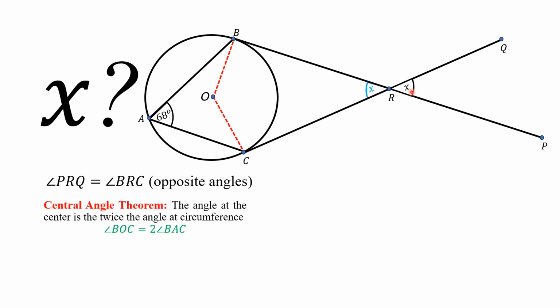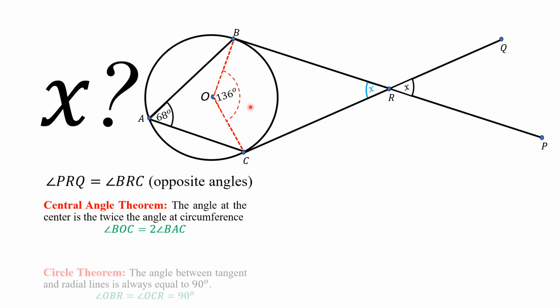Now by the central angle theorem, which states that the angle at the center is twice the angle at the circumference, angle BOC is twice angle BAC. So we can write BOC as twice 68, which is 136 degrees.